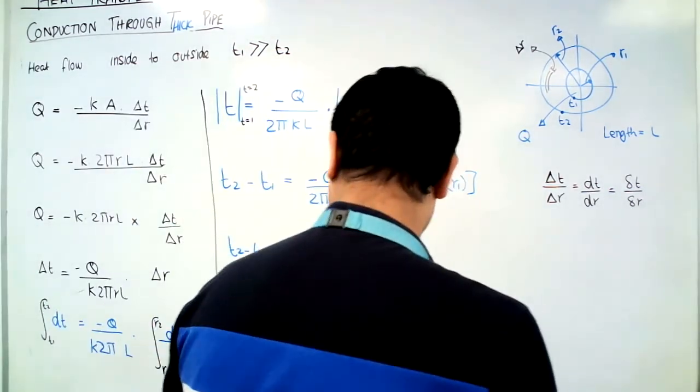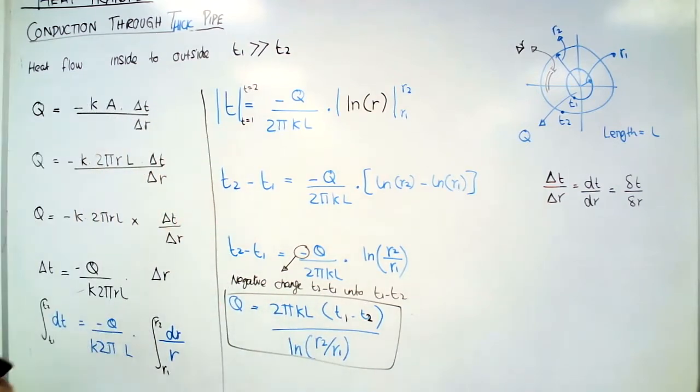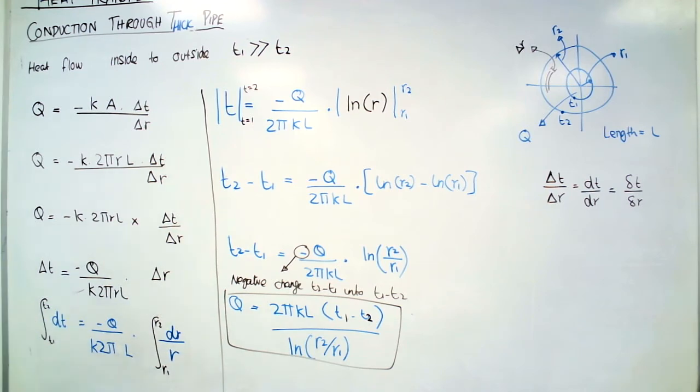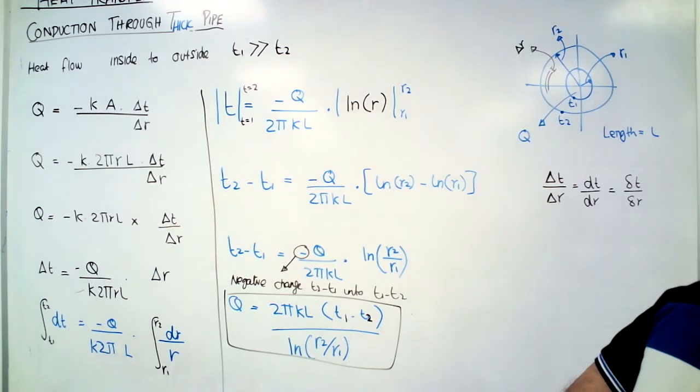This is the final formula. If I give you the K, the length, the internal temperature, the external temperature, and the internal and external radius, you can find out the heat transfer per second. There's a Q dot on top, which means per second.